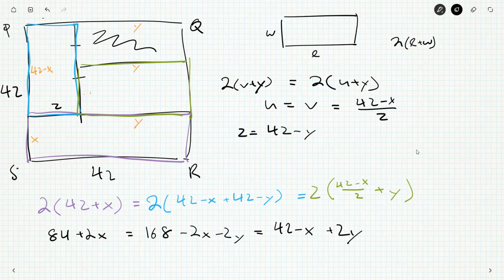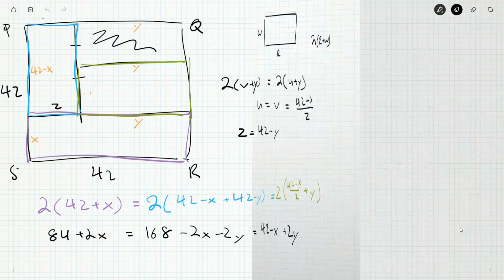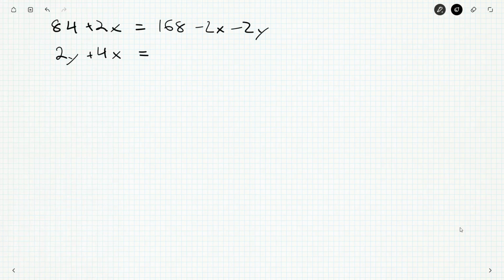So we have a series of equations and 2 unknowns. We should be able to do this. Let's do 84 plus 2x is 168 minus 2x minus 2y. So bring everything over here. 2y plus 4x is going to be 84.